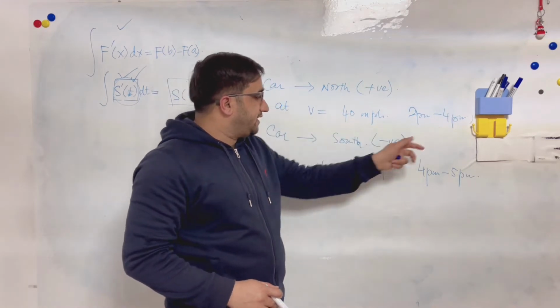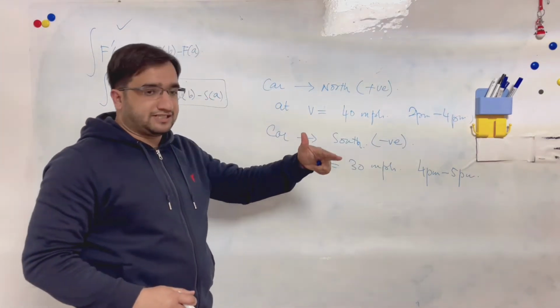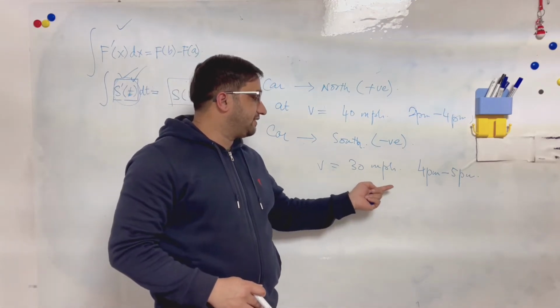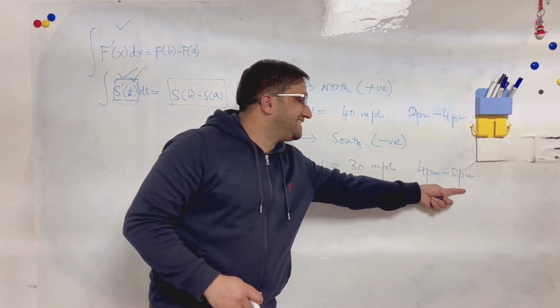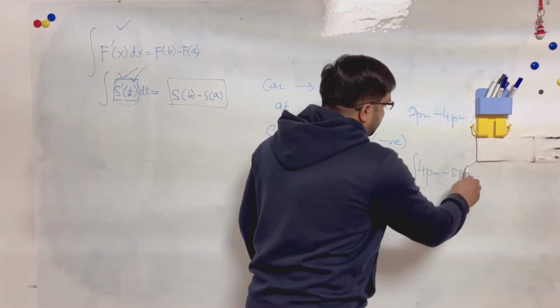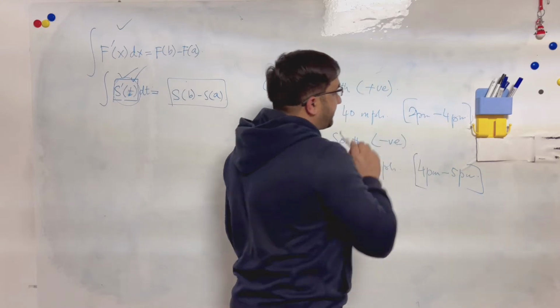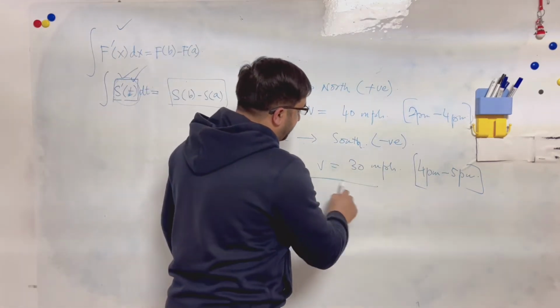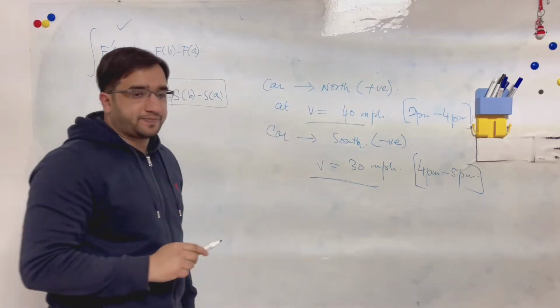After 4 p.m. it started moving towards the south, the direction is changed and the velocity v is 30 miles per hour, and this is the domain. So you see, these are the intervals, the limits, and this is the function.